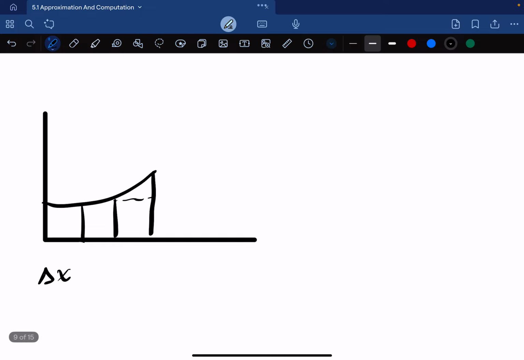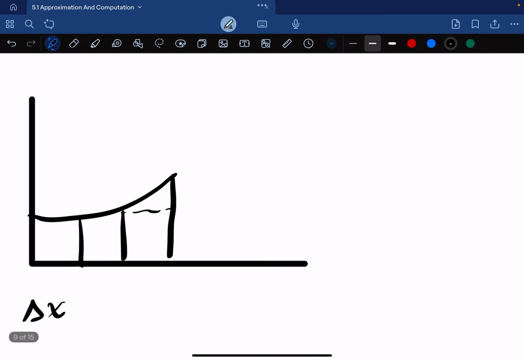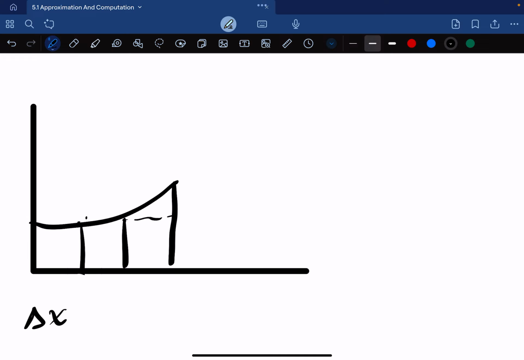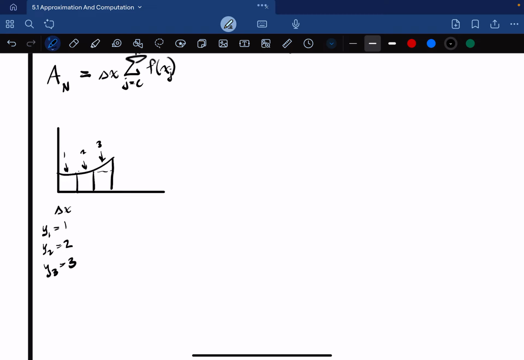We're just going to assume that the width of each of these rectangles is the same, while let's say that the heights are 1 for this one, 2 for this one, and 3 for this one. Okay? So y1 is equal to 1, y2 is equal to 2, and y3 is equal to 3.